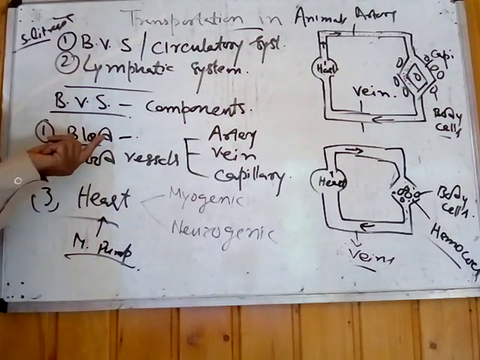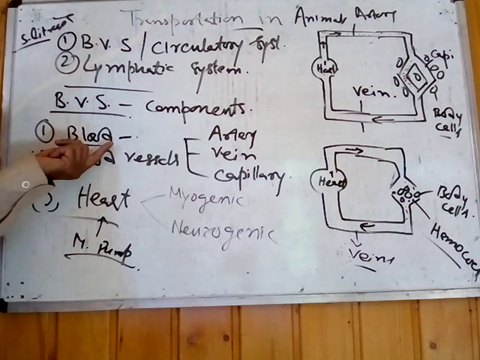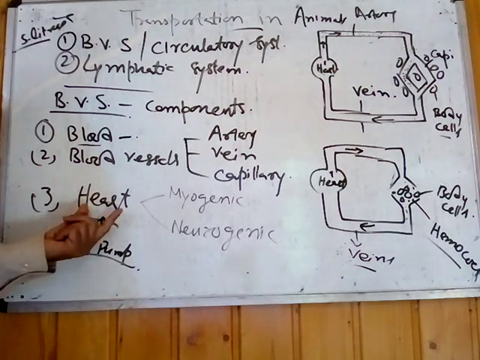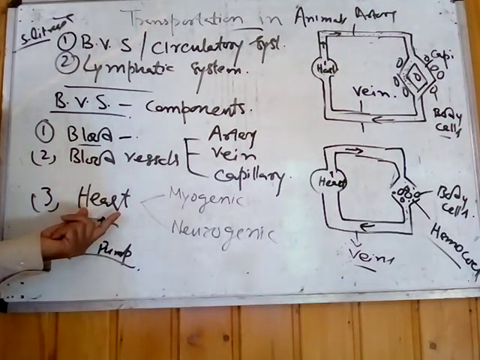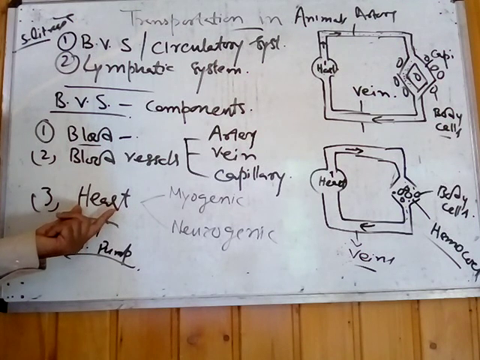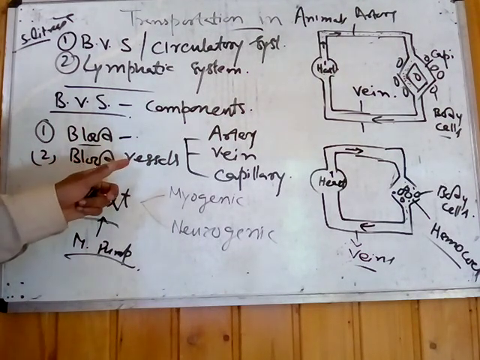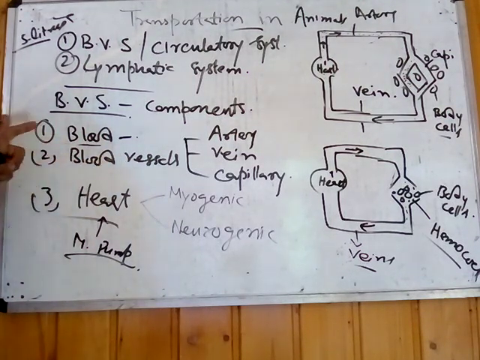Blood is a fluid connective tissue which constantly moves through the blood vessels, and heart is the pumping structure which constantly pumps and makes the blood flow in the blood vessels. Now the third component is the blood vessels. Those blood vessels which carry blood from the heart to the body cells are known as arteries.